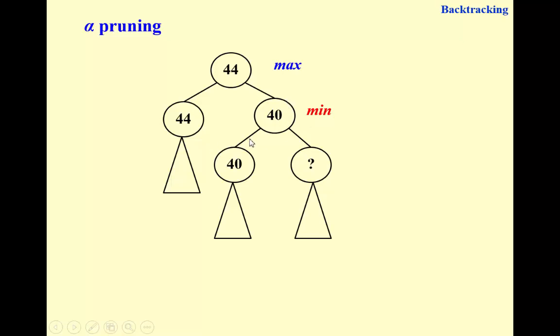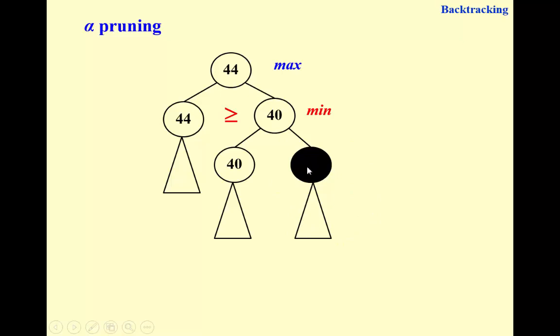Suppose that we have already completed searching this subtree and we update the current min number to be 40. If this 40 is smaller than or equal to this 44, that means we don't have to go through this subtree. We can simply cut the whole branch. Why? Because the value of this node doesn't matter.